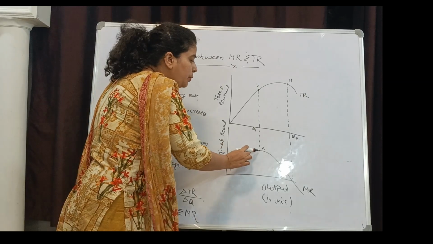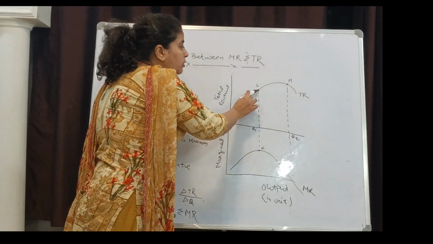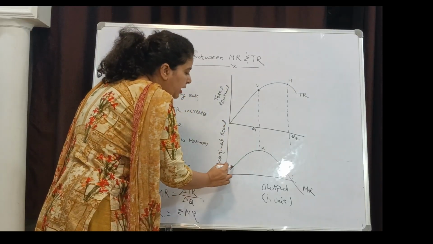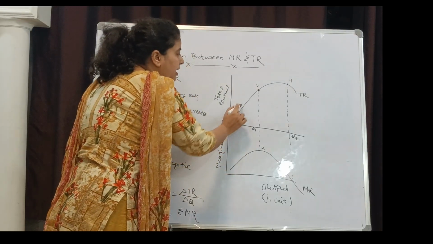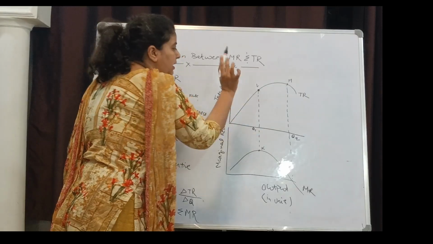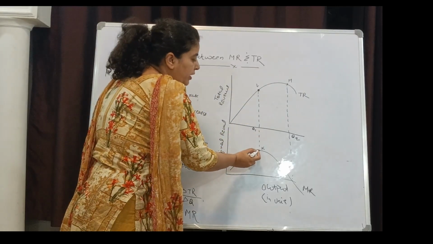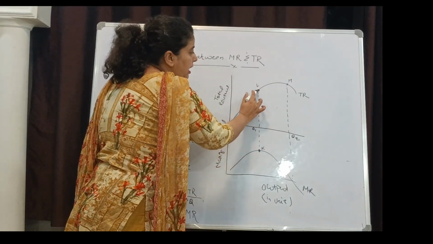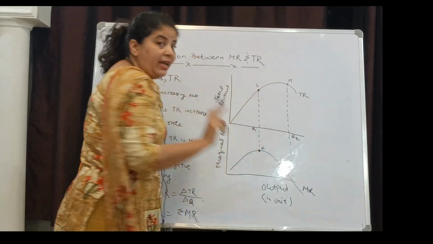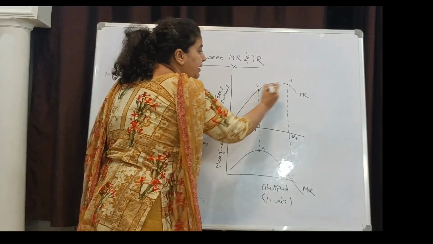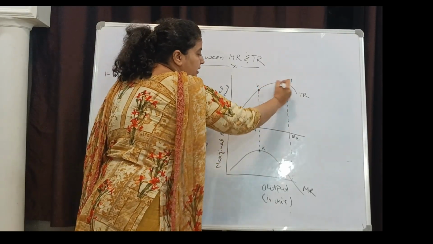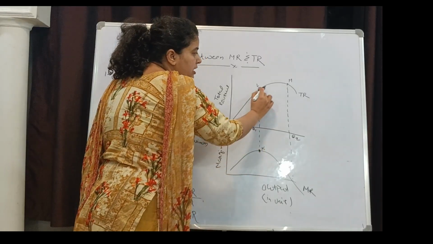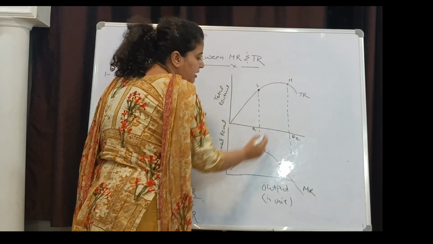So initially MR is increasing, TR is also increasing at increasing rate. But when MR reaches maximum, from that point TR starts increasing but at decreasing rate.